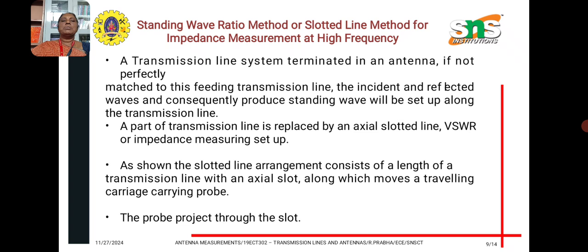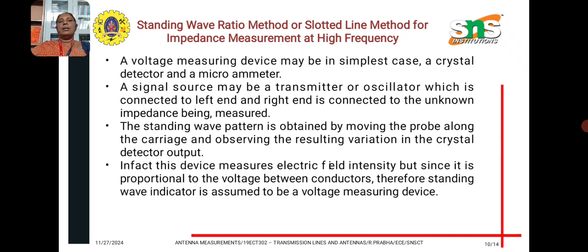As shown in the diagram, the slotted line arrangement consists of a length of a transmission line with an axial slot along which moves a traveling carriage probe. The probe projects through the slot, and the voltage measuring device may be, in the simplest case, a crystal detector and a micrometer. A signal source may be a transmitter or receiver, which is connected to the left end, and the right end is connected to the unknown impedance being measured.